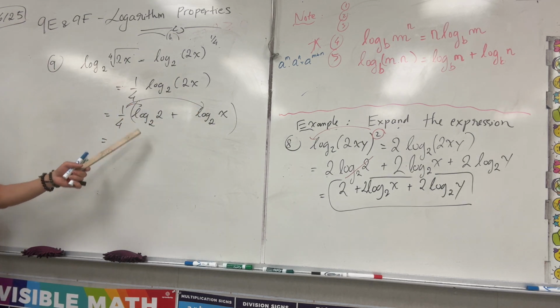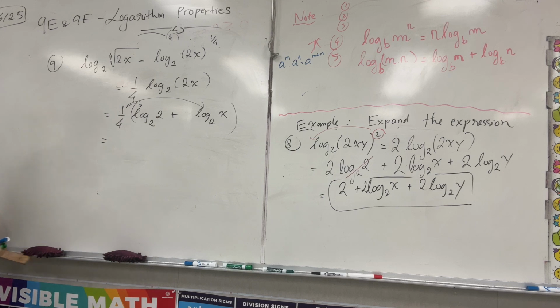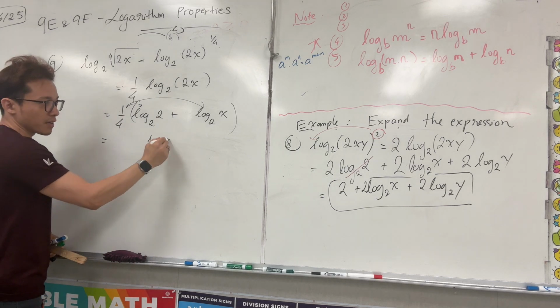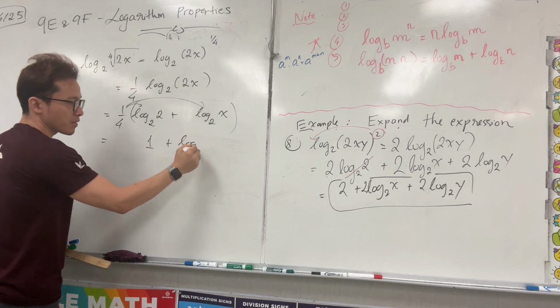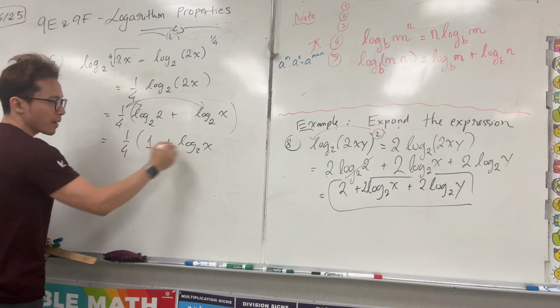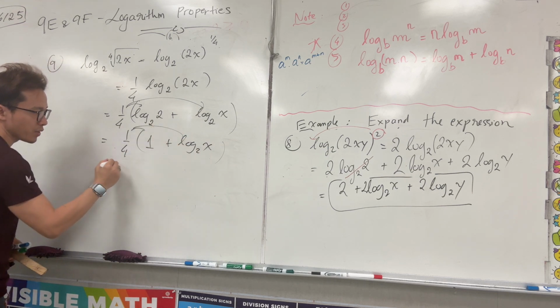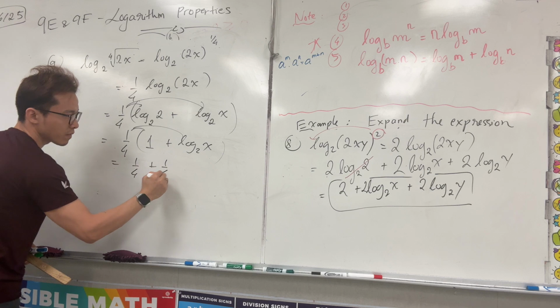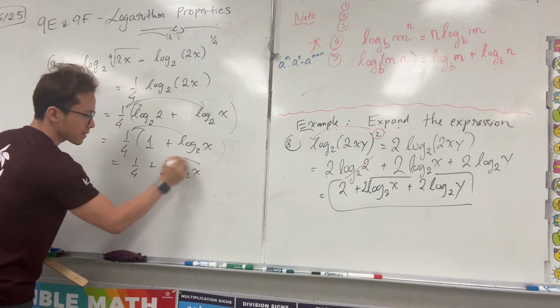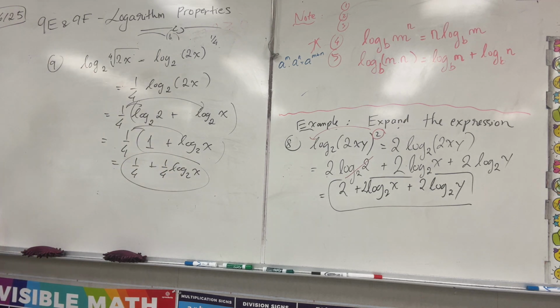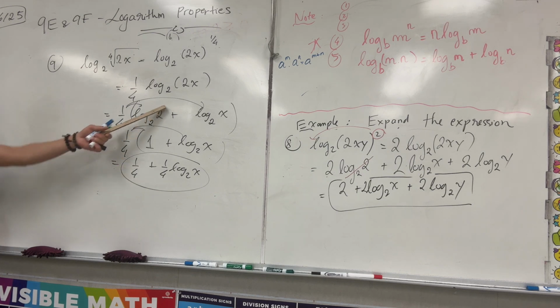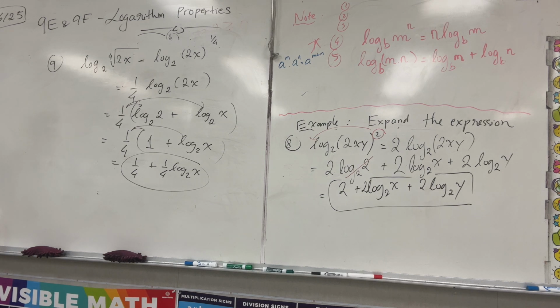But what is log base 2 of 2? It's 1. It's not gone. A lot of you didn't see that term in your answer. You still have that one. So if you distribute it, you're going to have 1/4 plus 1/4 log base 2 of x. A lot of you forgot this one. They cancel out and become one, but they're not gone. It doesn't just disappear.